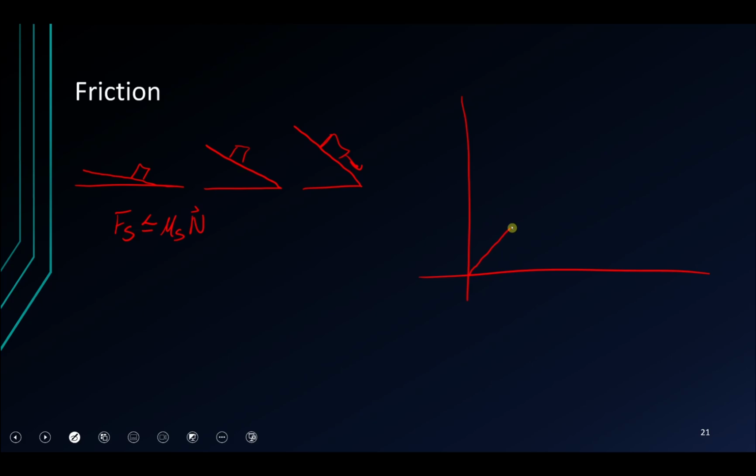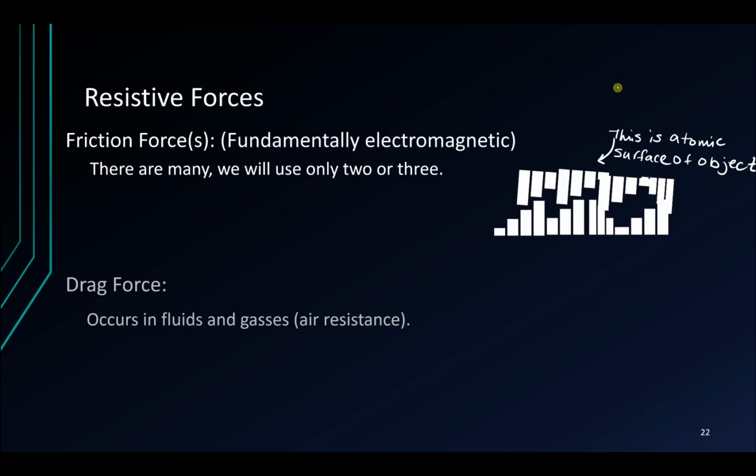My force of static friction is going to increase up until it hits this equals-to. Once it hits this equals-to, I'm going to transition from static to kinetic friction. There is going to be a transition, and that is the moment that this object starts to move.